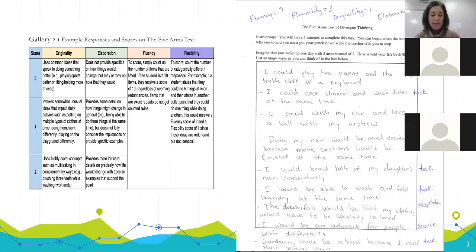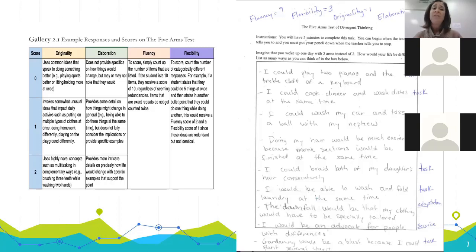And then the next one down, I would become an advocate for people with differences. So that's a pretty good answer. She's very aware of how her life would change in a different way. So we call that like a service, or she's now more socially aware of others' perception of her. So that's totally different than a task. So now that's where I got the score of flexibility of 3.